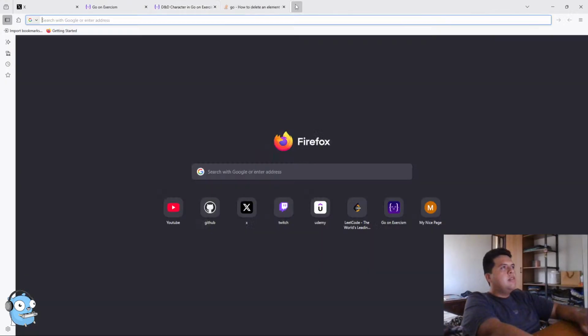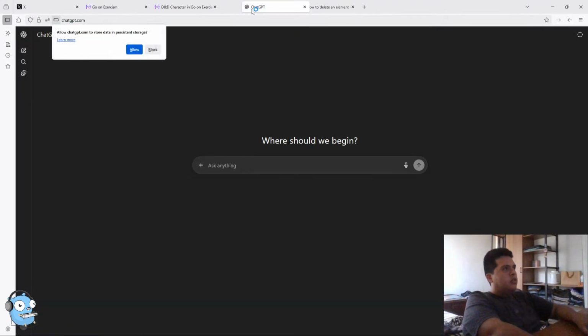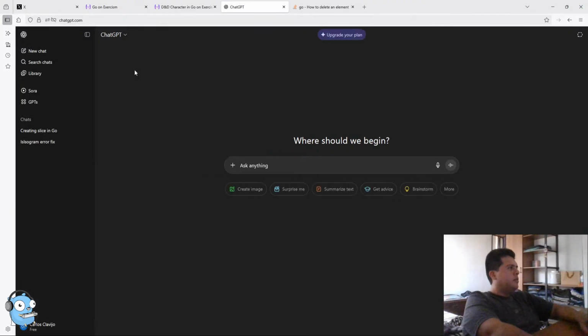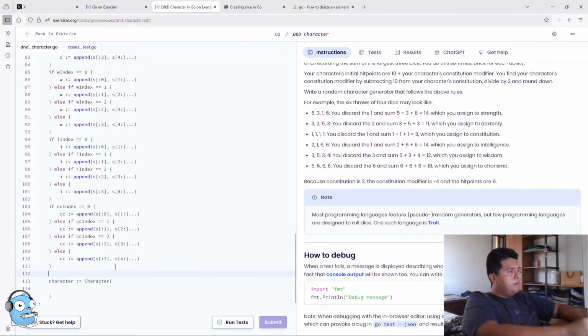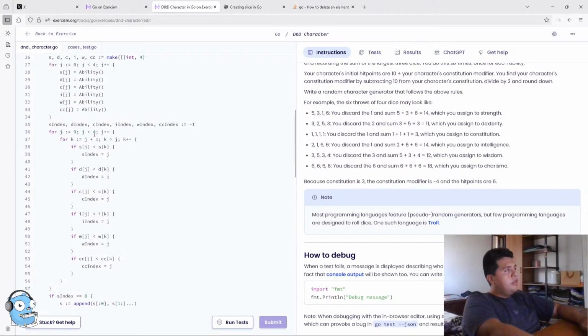And what about ChatGPT? I know this exercise isn't hard, but it was a long one. And I equals 0, I is less than the length of the, I don't know, s, I plus plus, and s index, okay.